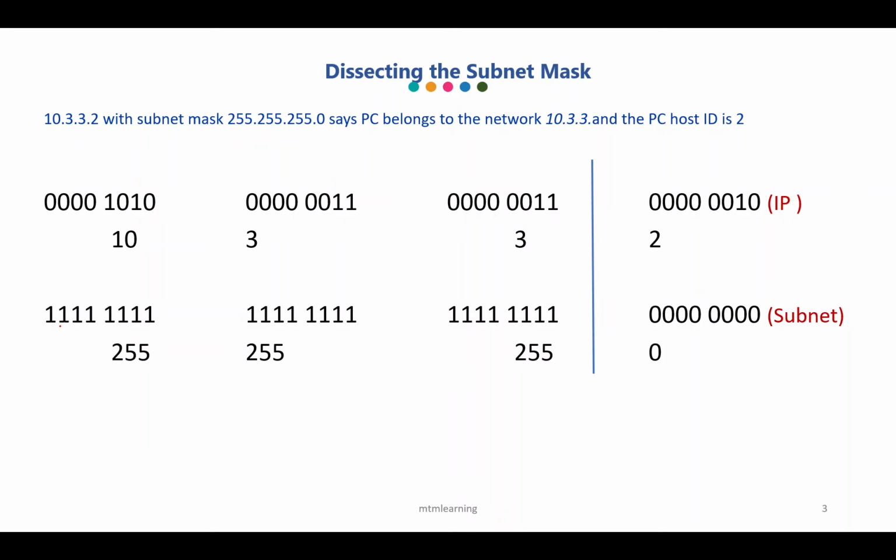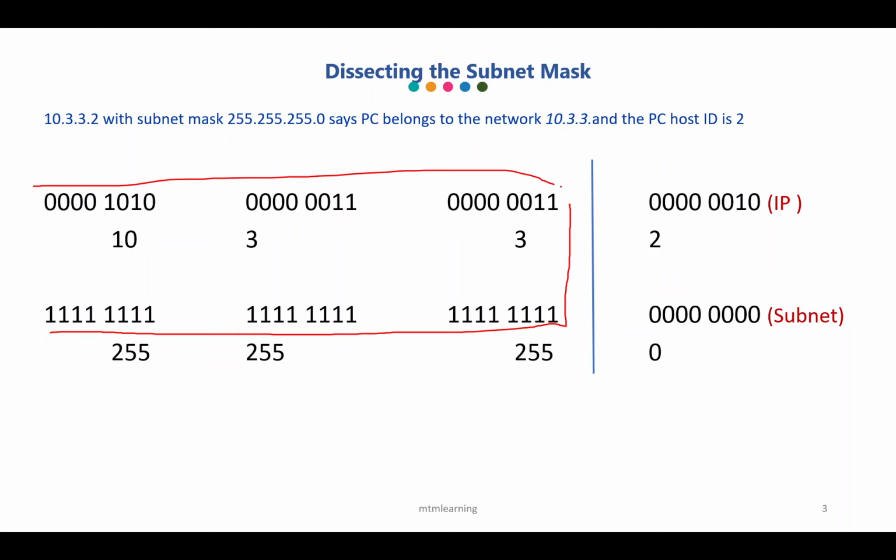If you see this, all are ones, and those bits which correspond in the IP address belong to the network. And wherever you see zeros and their corresponding binary digits in the IP address, they belong to the host portion.